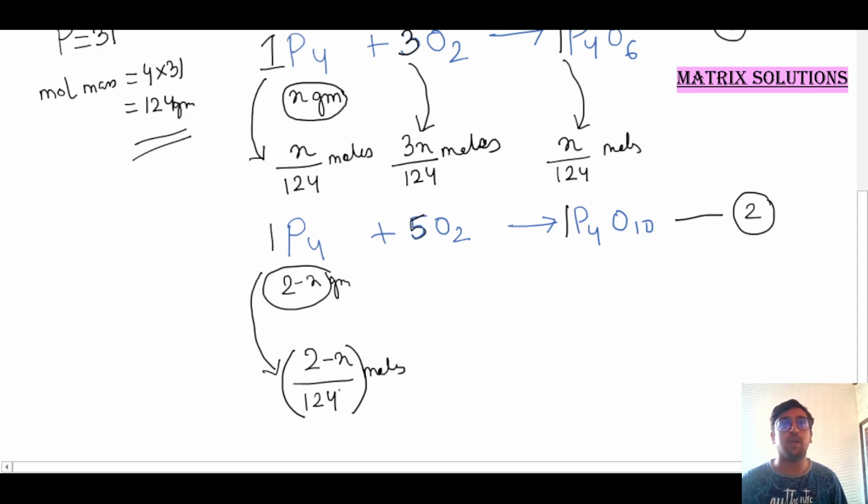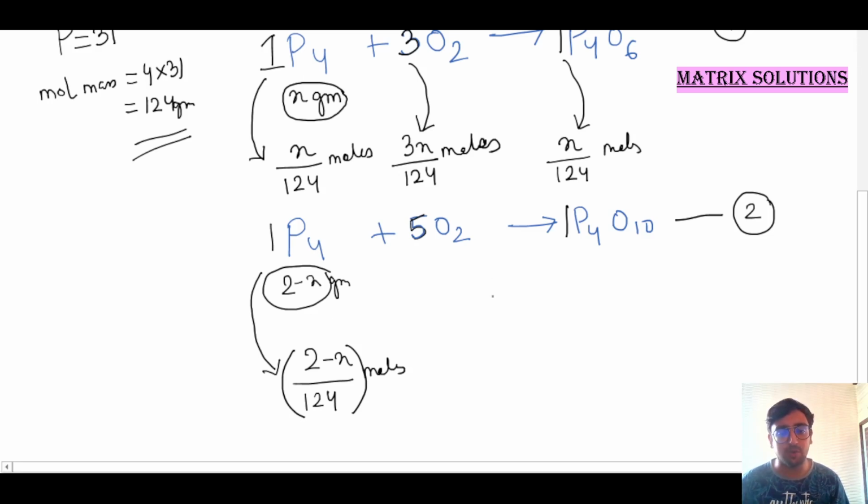Suppose you have A whose atomic mass is 50 gram, which means 1 mole of atoms weighs 50 grams. If I ask you to calculate the number of moles in 100 gram of A, what will you do? You will divide 100 by 50. Simple, nothing complex. So 2 minus x by 124.